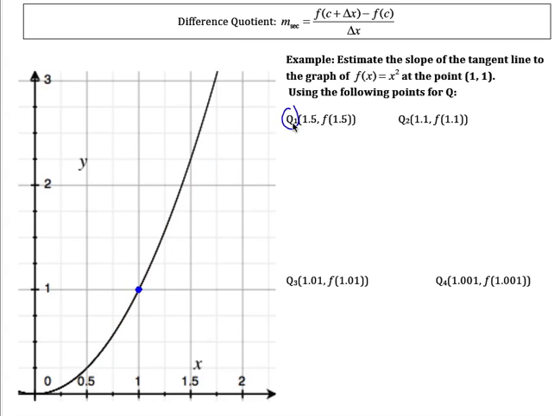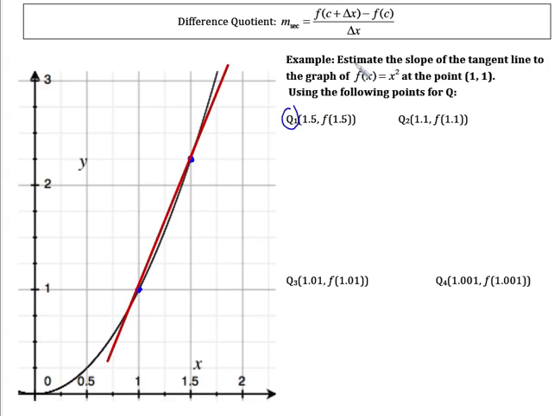So we're going to put our point Q1 at 1.5, comma, f of 1.5, okay, which is right here. So if we find the slope between those 2 points, that's going to give us an approximation for the slope of the tangent line.